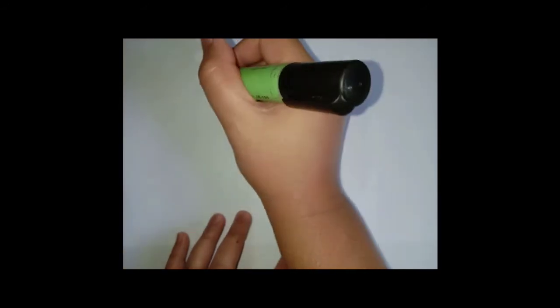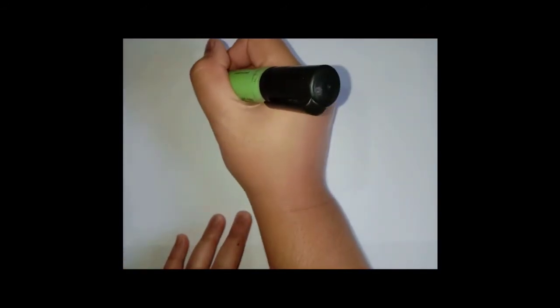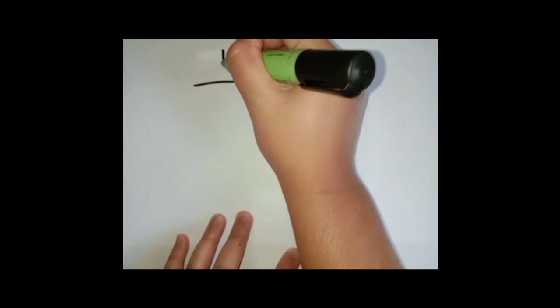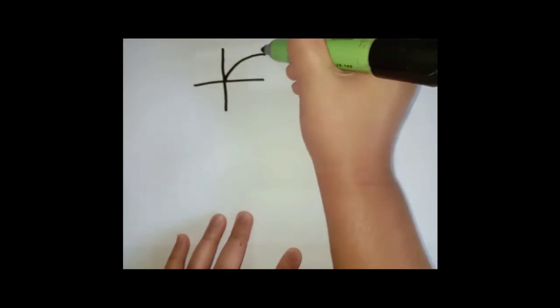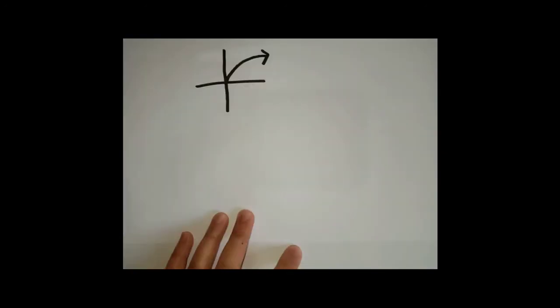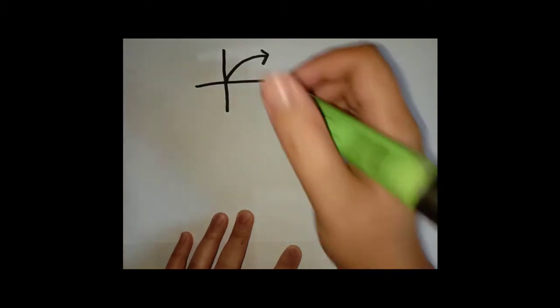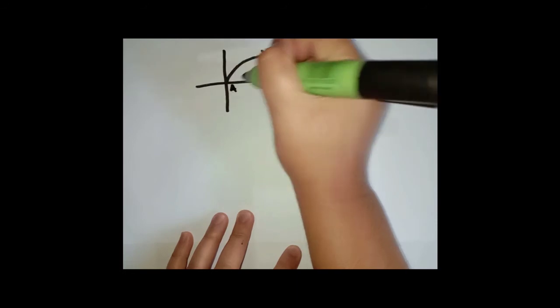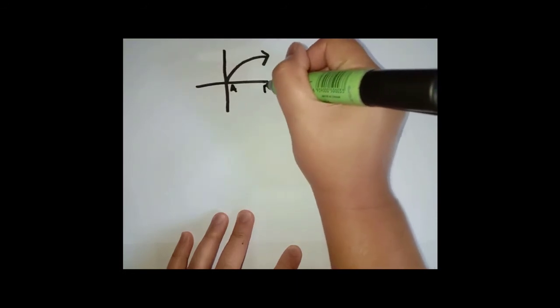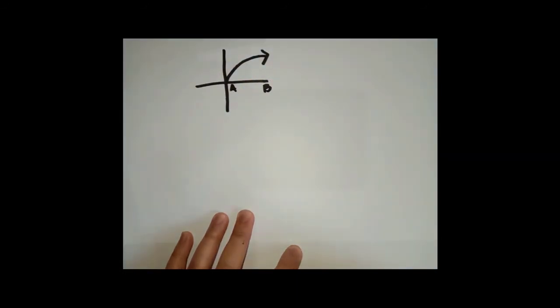So let's begin. Let's say we have a curve, and our curve looks like this. We want to calculate the volume of the curve from, let's say, A to B. One method that we can use is the disk method, and that's what I said earlier.